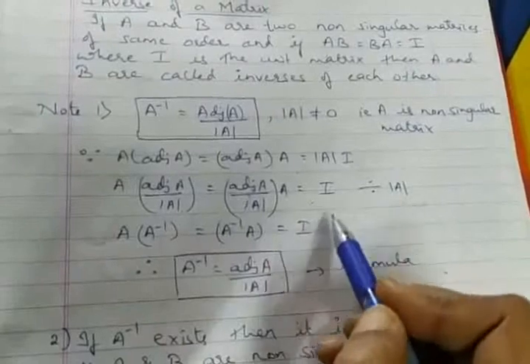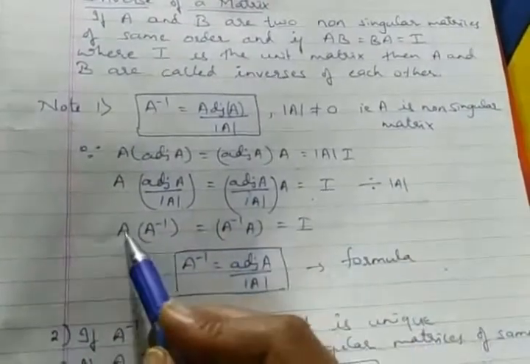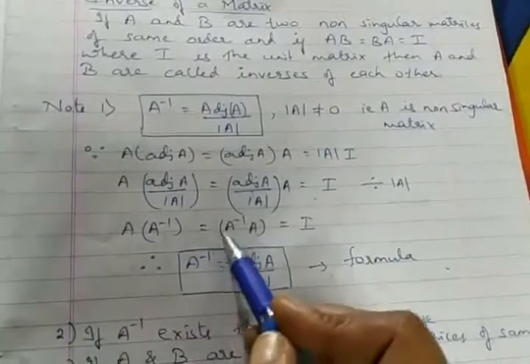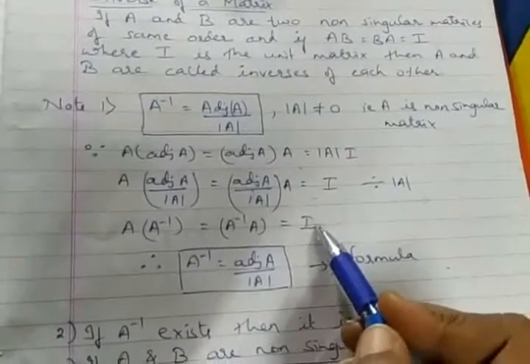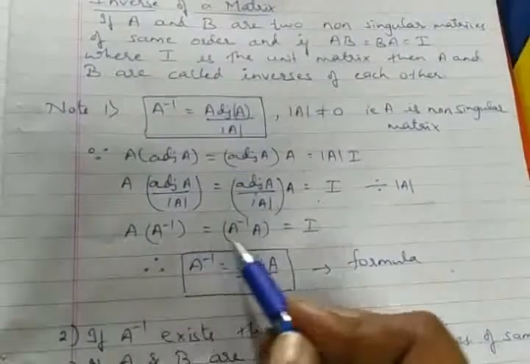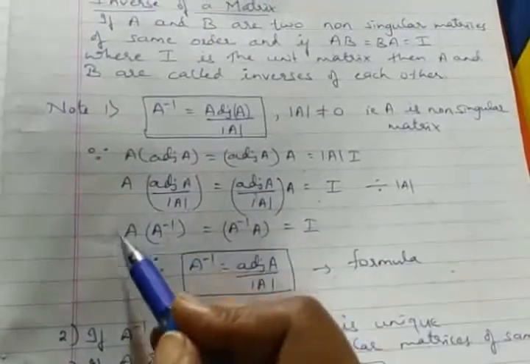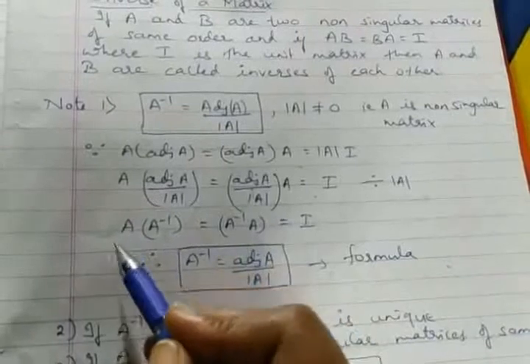Now this step fulfills something special. What does it say? A star A inverse, or the reverse, A inverse star A, is equal to the identity. This is the definition of the inverse of an element, which you did in the relations and functions chapter.